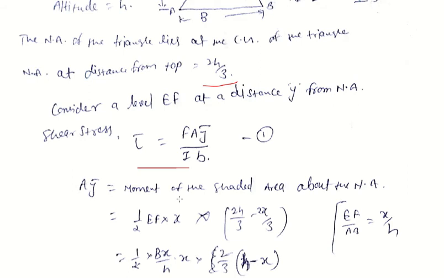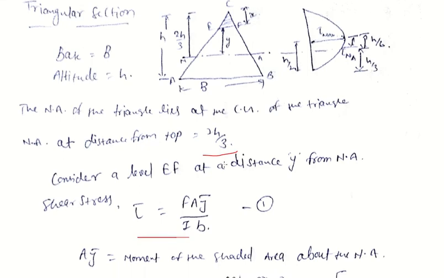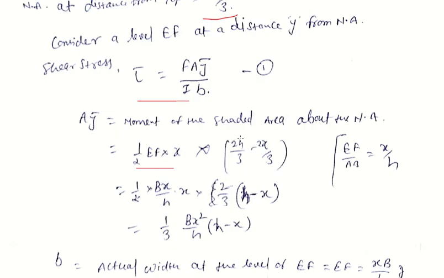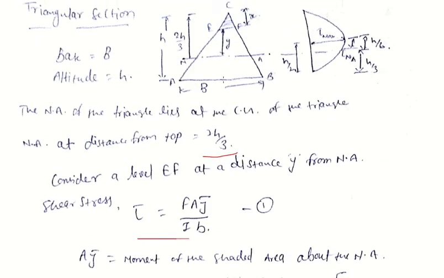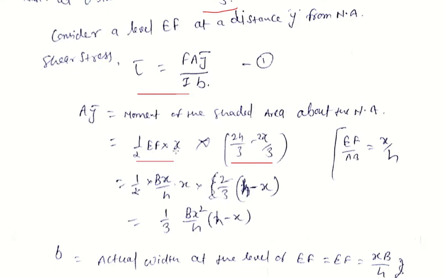So the area of the shaded triangle E C F, into the distance of CG of the shaded area from the neutral axis. So half EF into x, this is the area of the shaded area, into this is the distance from the neutral axis. So first we calculate EF.